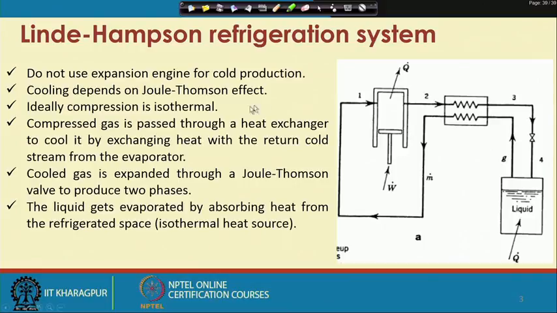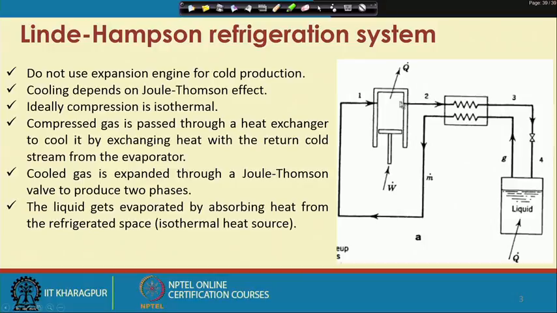Once we compress the gas, as we show in the figure, the numbers 1, 2, 3, 4, etc. show the state of the particular fluid at different points. At point 1, we are inputting the gas which has to be used for refrigeration, and this is then compressed isothermally. Here, Q dot is the heat removed to keep the compression isothermal.